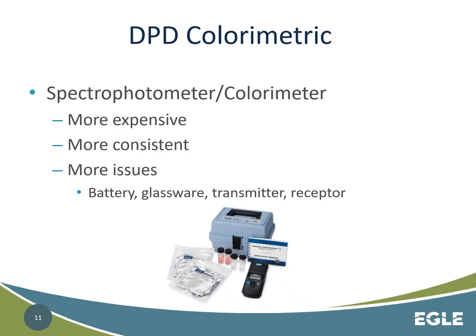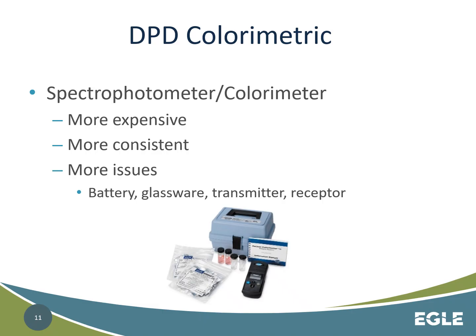So now, using a colorimeter is more expensive and has more issues, but the thing about it is it is more consistent. Because with a pocket colorimeter or a spectrophotometer, there is no open interpretation, right? Some of the errors you can have with this, though, are making sure that the batteries are new and not corroded, making sure that the glassware is not scratched and is usable and readable, and that the transmitter and receptor inside that are used to measure the color are properly cleaned and maintained and not covered in dust and so on.